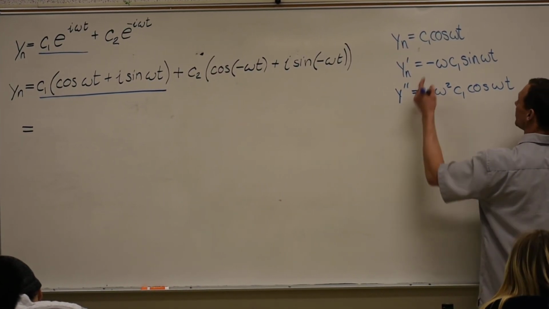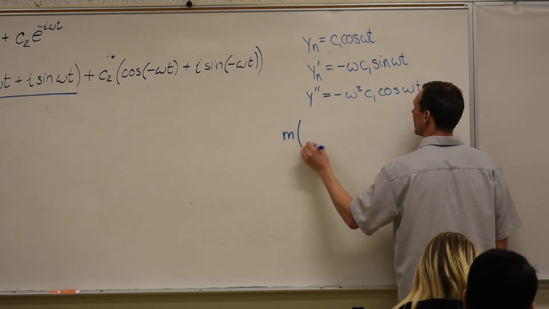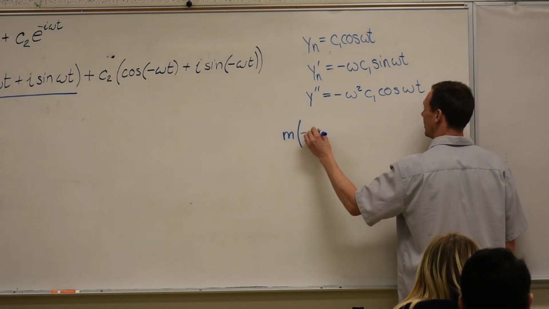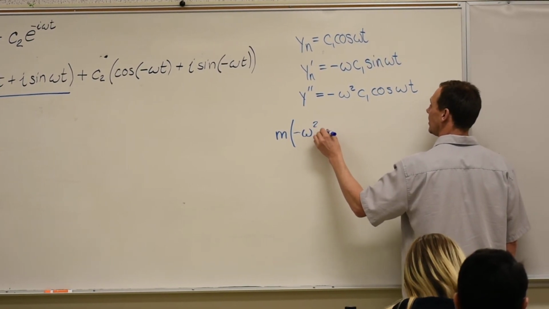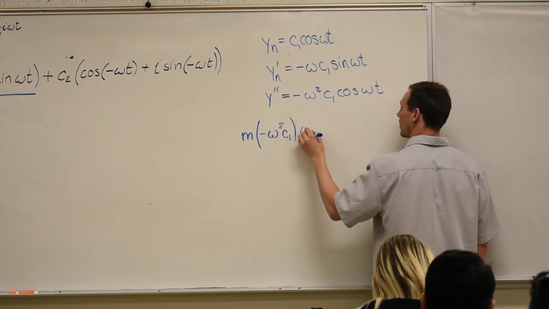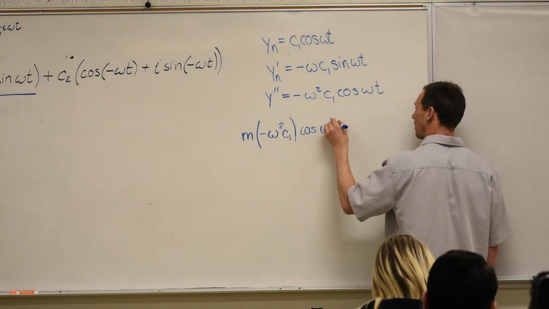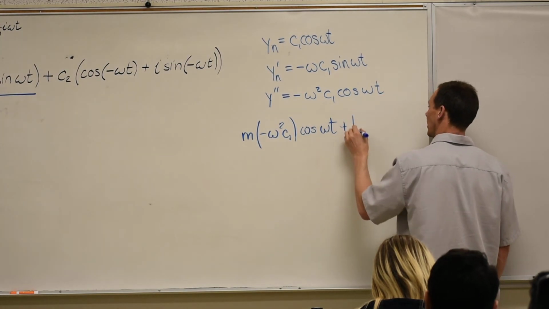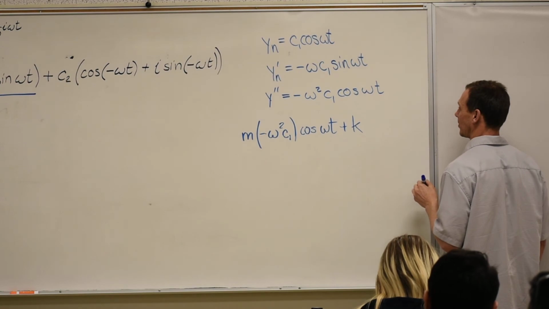If I want to substitute these back in, I would have m times minus omega squared C1 cosine of omega t plus k times, or we're going to have to unravel these square roots.